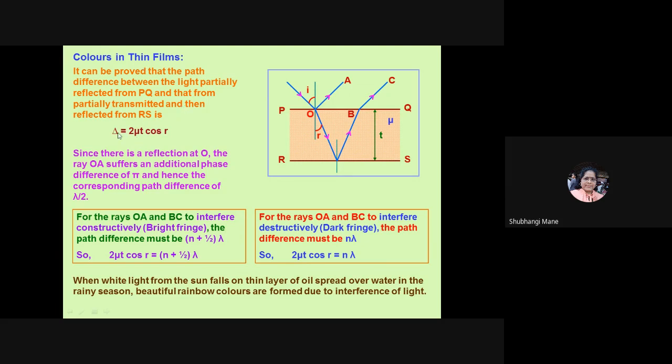Just now we said that if the path difference is an integral multiple of lambda, then we will get the condition for maximum of intensity. Okay? Here is the complementary condition: 2 mu t cos r equals n lambda is the condition for dark band, and this is the condition for bright band.